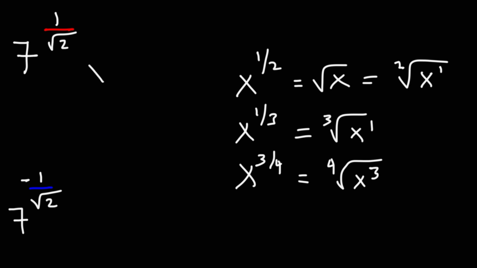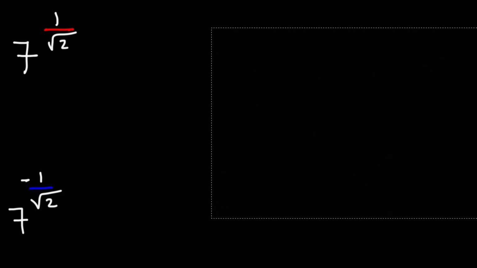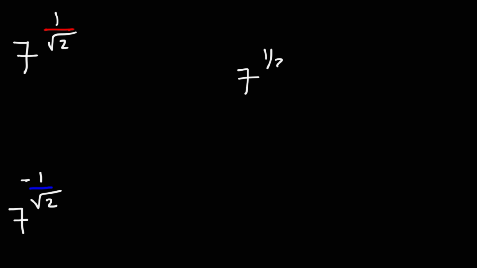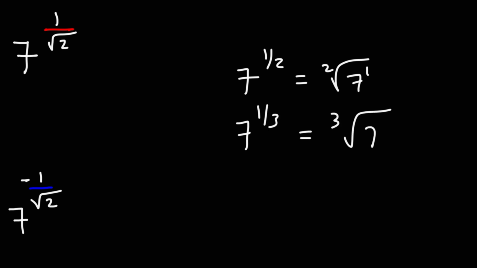So how can we use that to get this? Well, instead of x, let's use 7. 7 to the 1/2 is the square root of 7. We have a 1 here and a 2 here. 7 to the 1/3 is the cube root of 7 to the first power. So what is 7 raised to the 1 over square root 2?